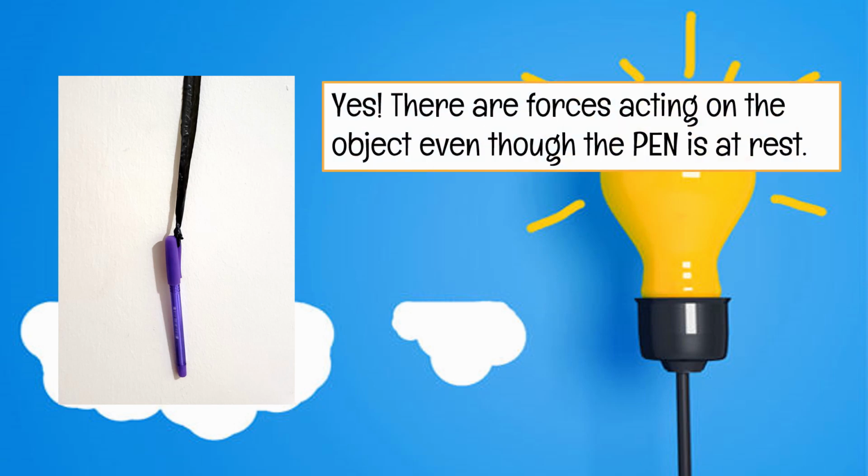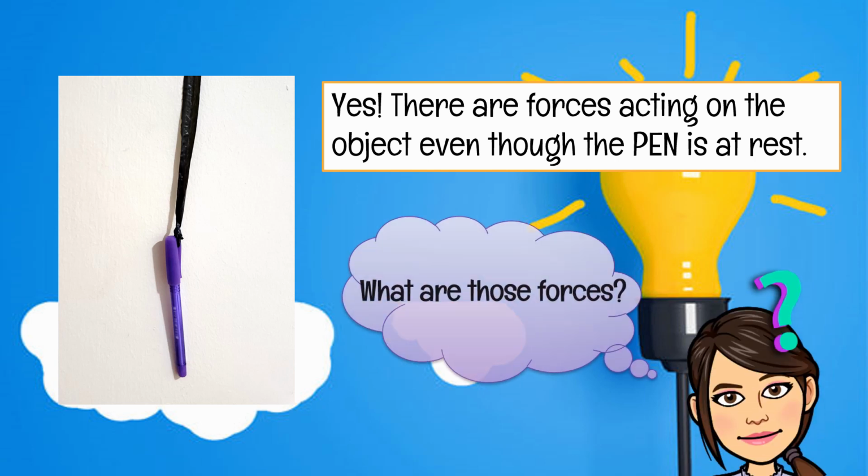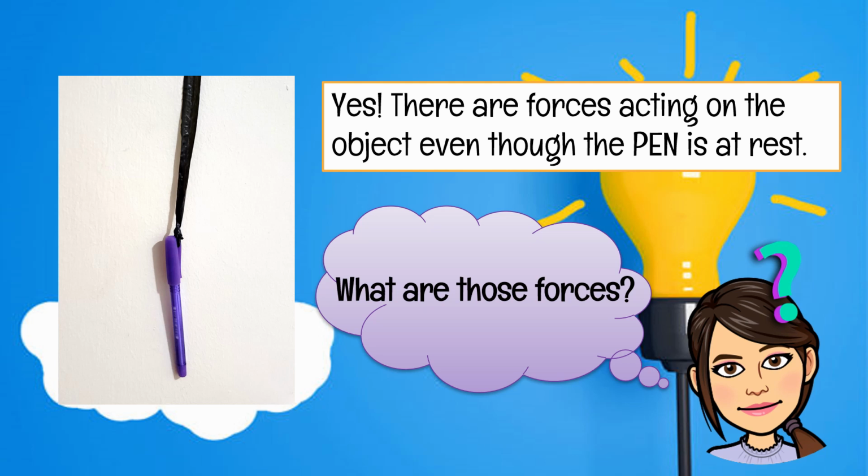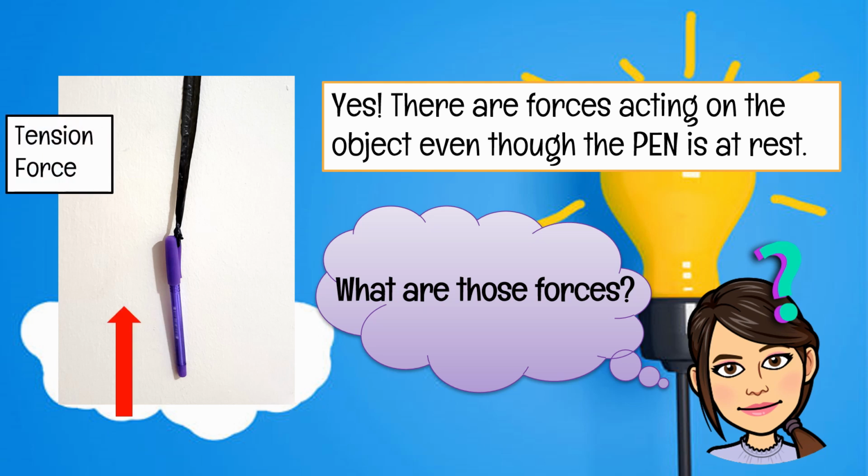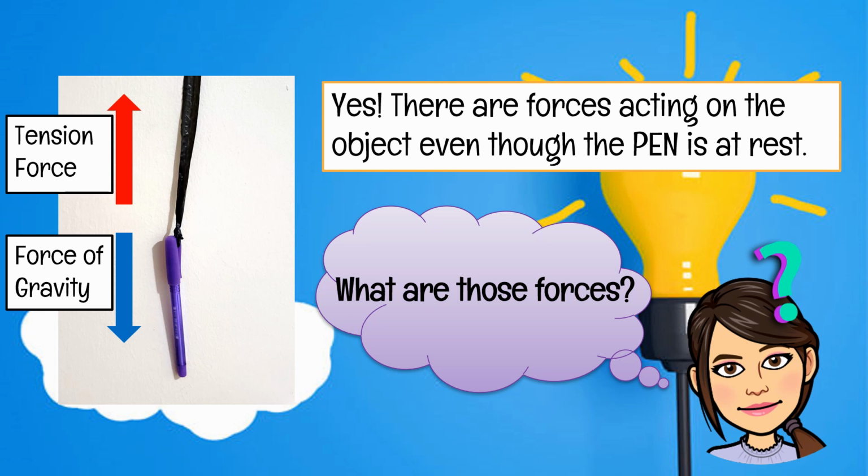Yes, there are forces acting on the object even though the pen is at rest. Now, what are those forces acting on the pen and the string? The tension force, which is pulling the string upward, and the force of gravity, which is pulling the pen downwards.